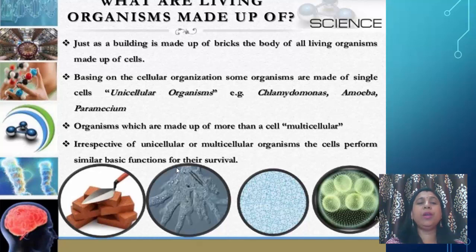Irrespective of unicellular or multicellular organisms, the cells perform similar basic functions for their survival. Means in unicellular organisms, all the life processes for survival of a living organism are performed by the single cell. And if it is a multicellular organism, then there is a division of labor, but the same life processes are performed by the group of cells.